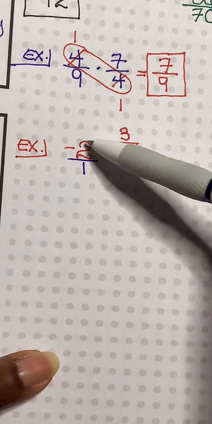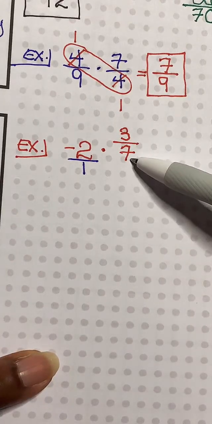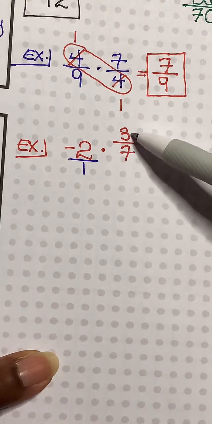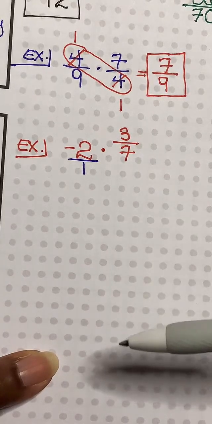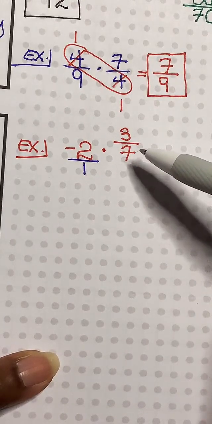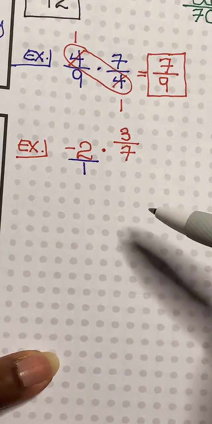Now from here, if I look at the diagonal, my diagonal is going to be -2 and 7. The only thing they have in common is a 1. And if I do the diagonal of 3 and 1, the only thing they have in common is a 1. So that's not going to help me. So this will be a great opportunity to just multiply horizontally.